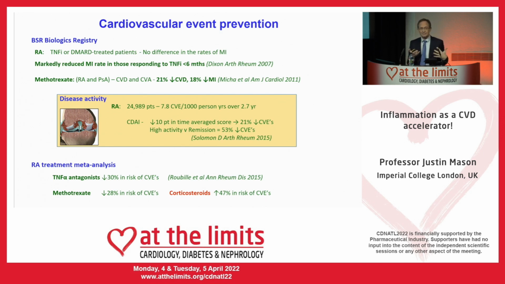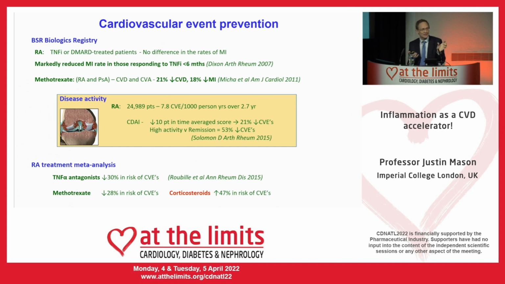And much bigger subsequent studies, such as this one of 25,000 patients from Boston, have shown that, again, if you're effective in bringing down disease activity, by which I mean joint disease activity, you reduce the risk of future cardiovascular events by 21%.